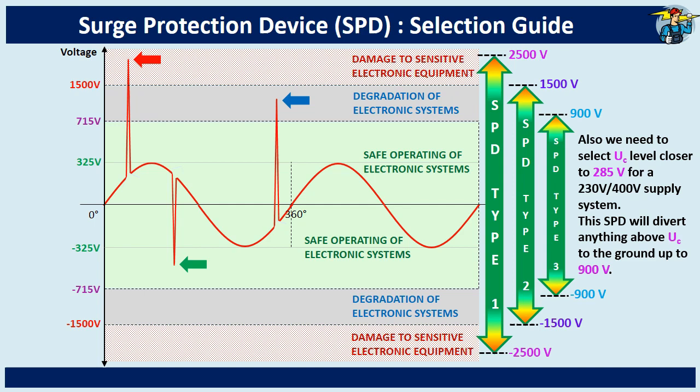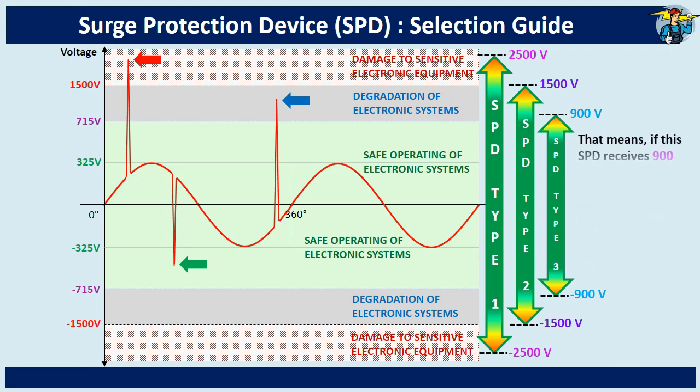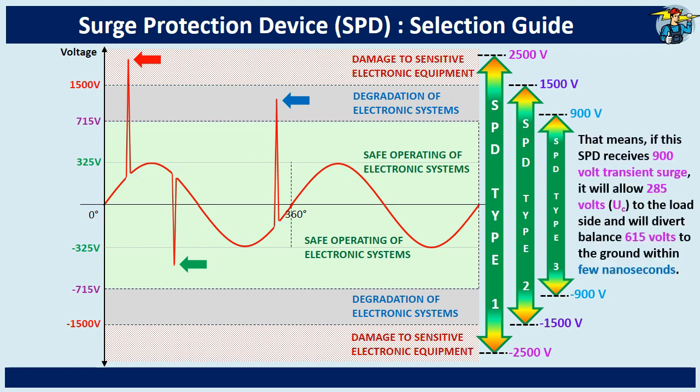This SPD will divert anything above the UC value to the ground up to 900 volts. That means if this SPD receives a 900 volt transient surge, it will allow 285 volts to the load side and will divert the balance 615 volts to the ground within a few nanoseconds.